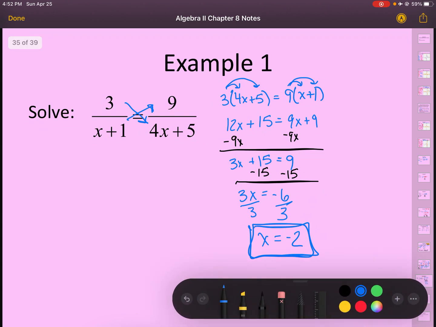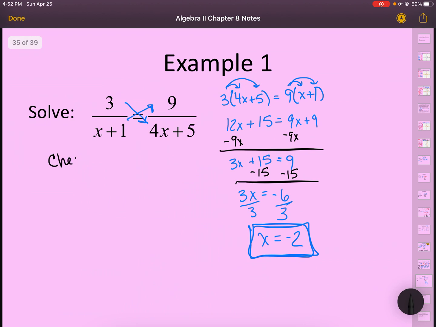Okay, and let's check for when x is negative 2 and make sure it's not extraneous. So I'm going to have 3 over negative 2 plus 1 equals 9 over 4 times negative 2 plus 5.